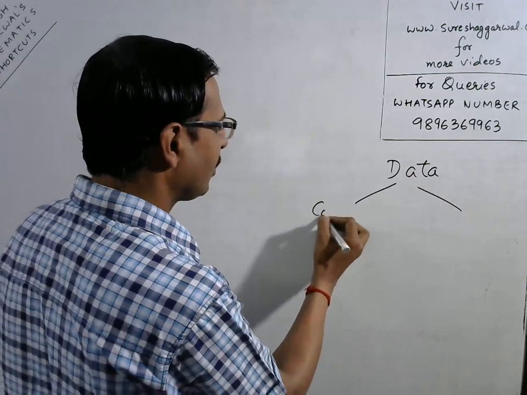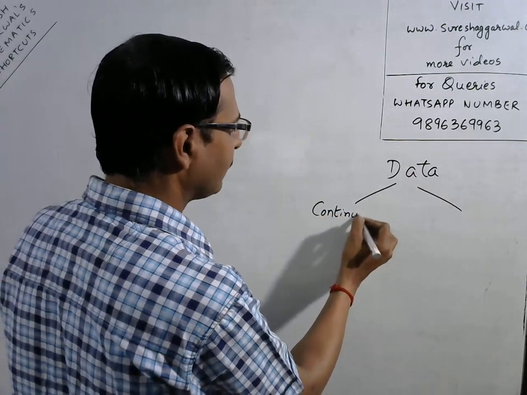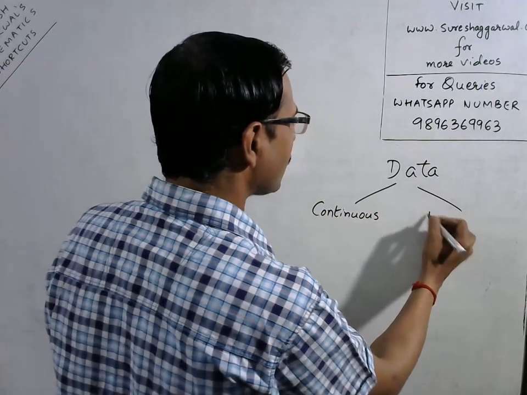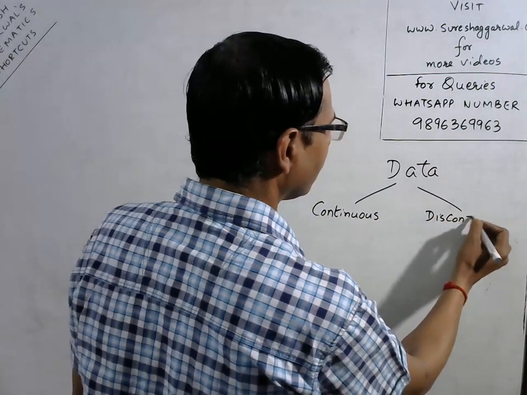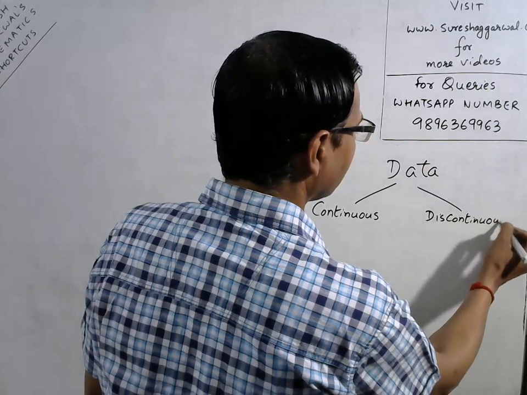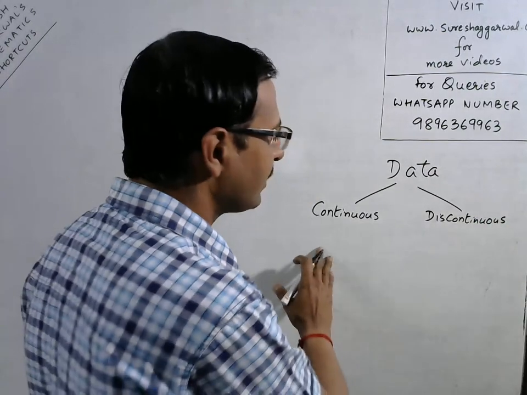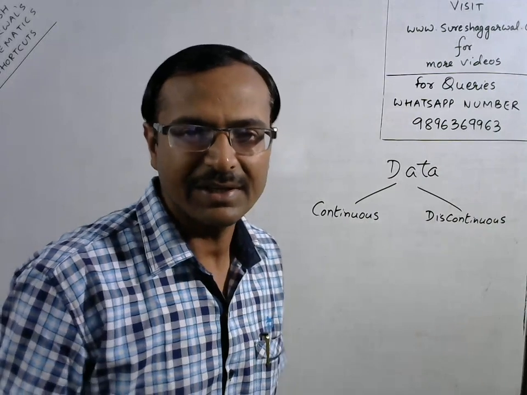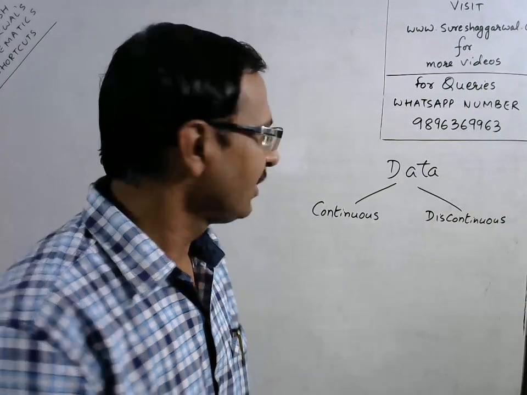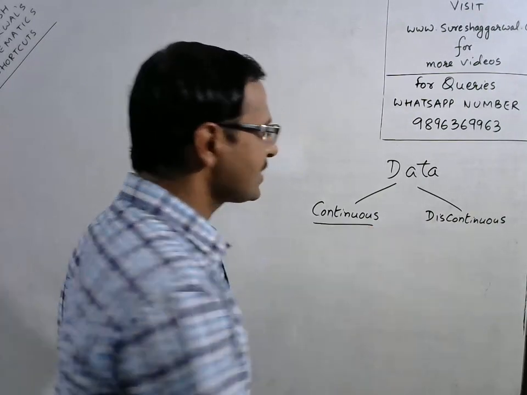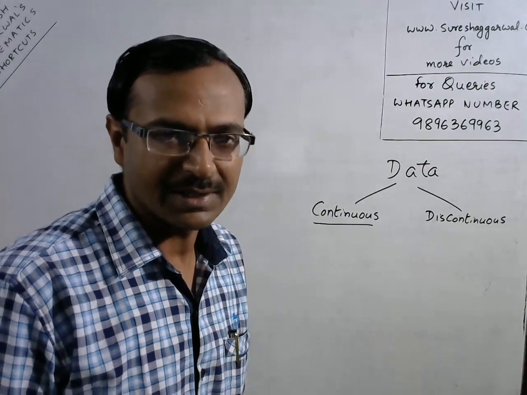One is continuous and the other is discontinuous. I come straight to the types of data in terms of class intervals, when grouped class intervals are given. So either we have continuous data or we have discontinuous data.